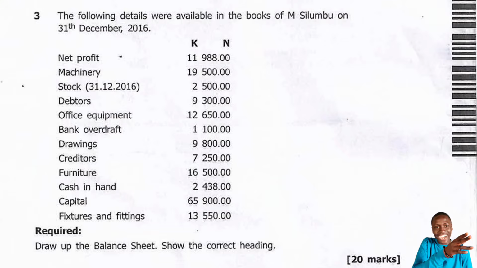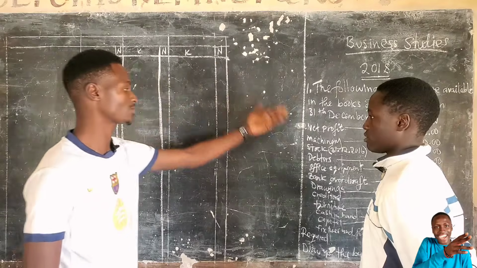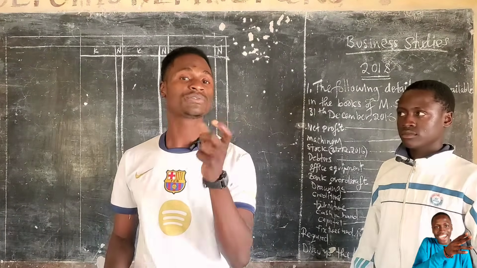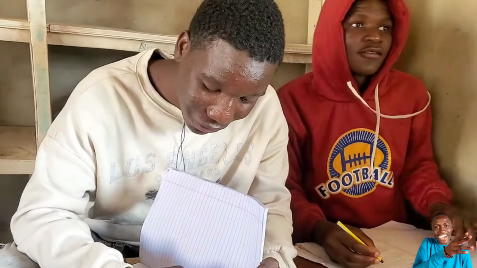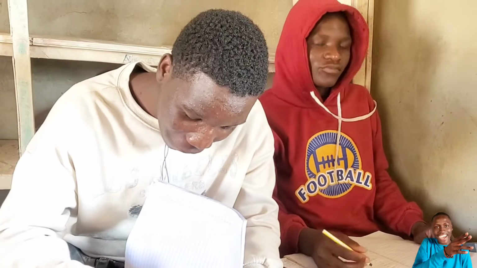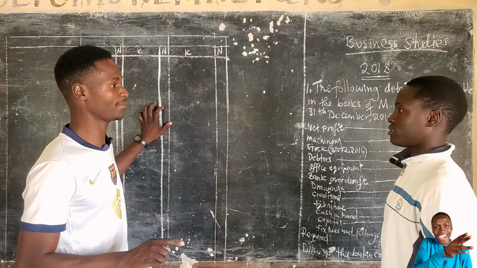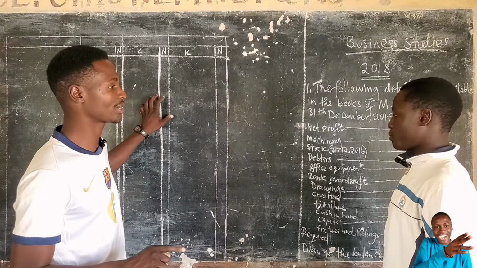It's saying the following details were available in the books of M. Silumbu on 31st December 2016. The title is very important when preparing the balance sheet. The balance sheet is prepared as at, same as the trial balance.